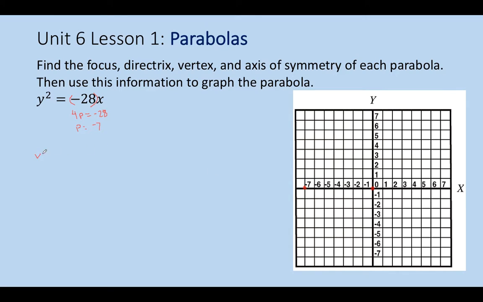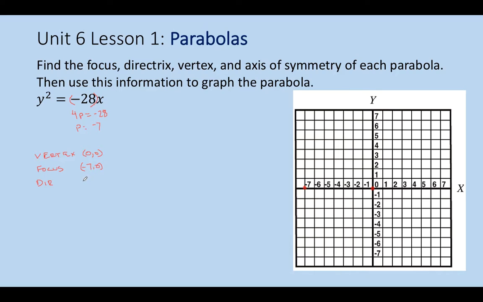So again, let's start writing this stuff down. Vertex is at 0, 0. The focus is at negative 7, 0, which means the directrix is going to be the line that goes through the x-axis.